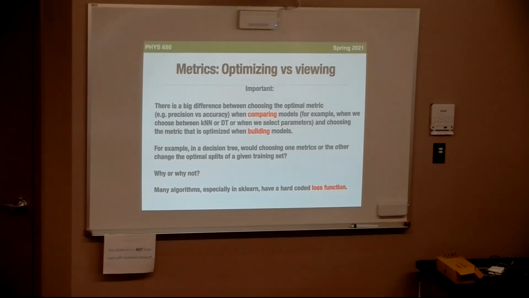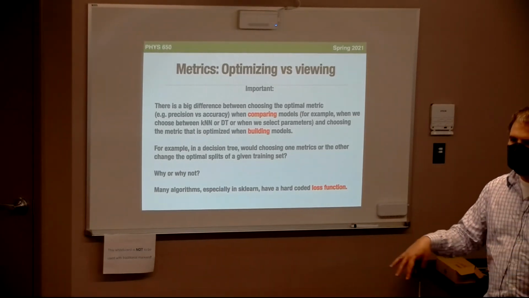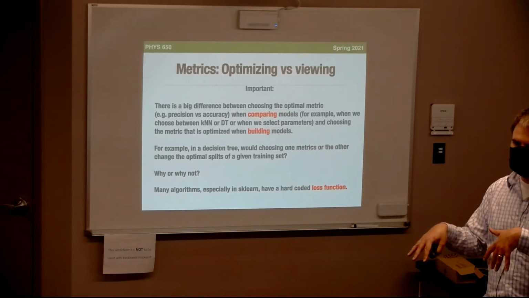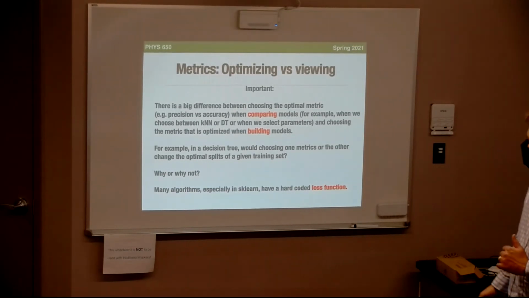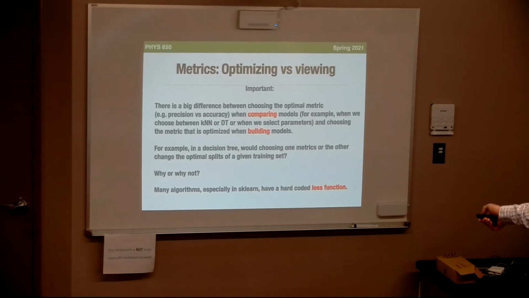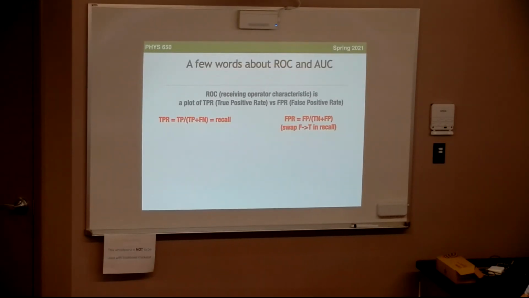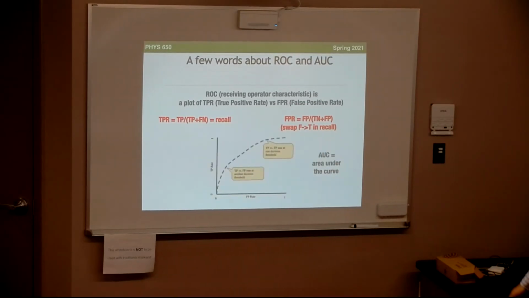For example, for the decision tree, choosing one metric over the other changed the optimal splits for a given training set, right? So that can change a lot. We saw that the decision tree changed quite a bit if we added features or not. It got deeper. And so we can look at the loss function, or the receiver operating characteristics.